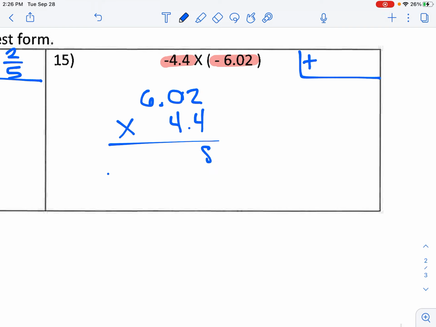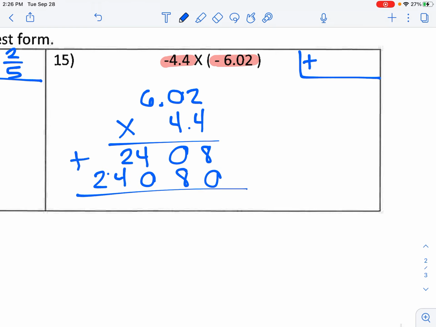So 4 times 2 is 8, 4 times 0, 4 times 6. 0 placeholder, 4 times 2, 4 times 0, 4 times 6. Add your digits. Highlight the numbers behind the decimal in the problem.